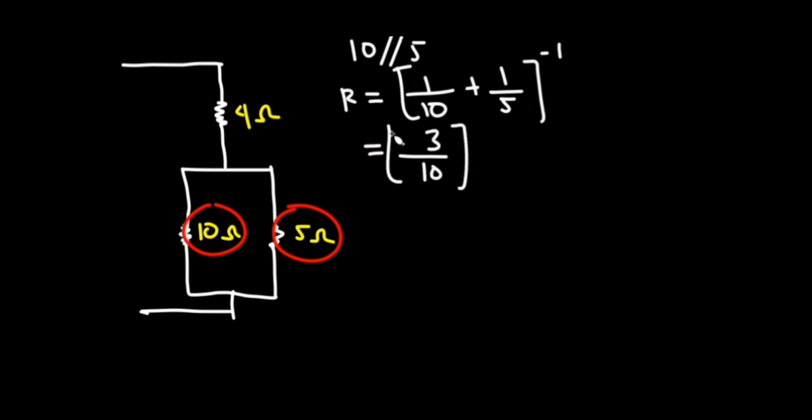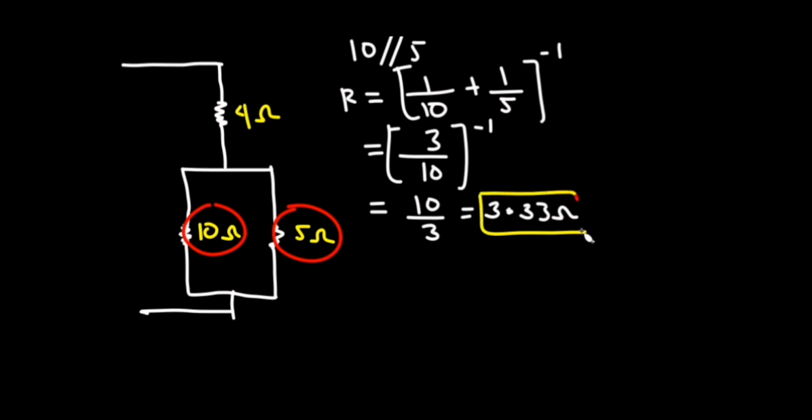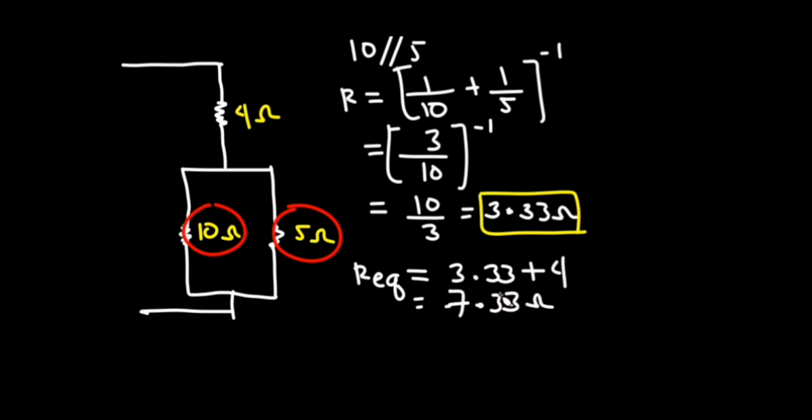Simplifying, 3 over 10 raised to negative 1. To remove the negative exponent, it will be reciprocated: 10 over 3, which is equal to 3.33 ohms. Then it will be added to 4 ohms. So the equivalent resistance of this circuit is 7.33 ohms.